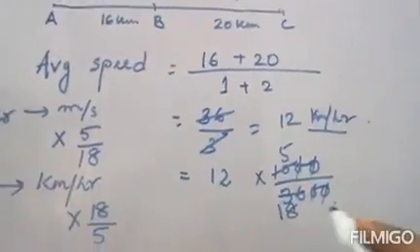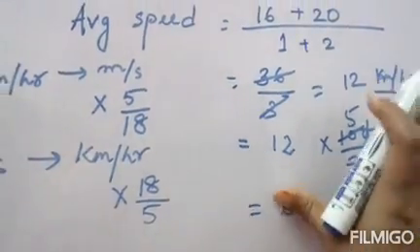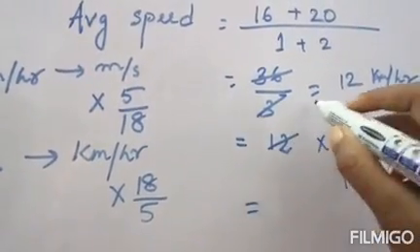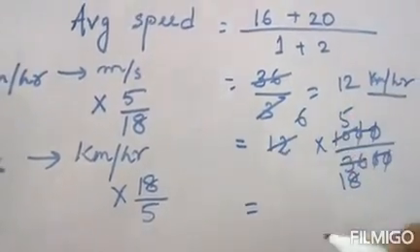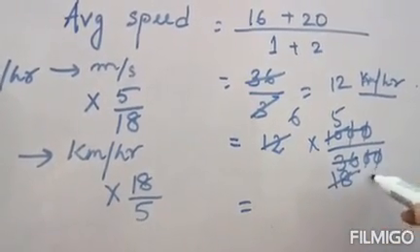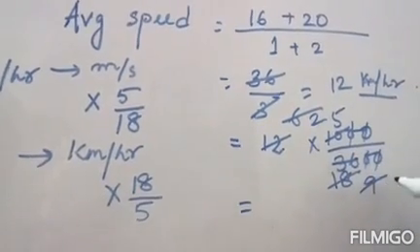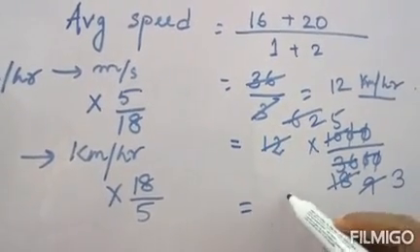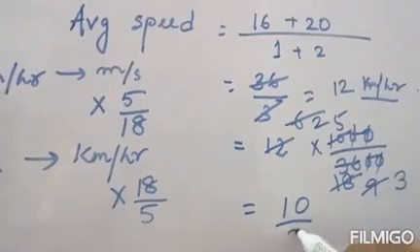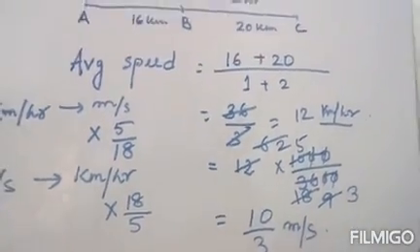So here, how much will it be? 12 into 5 is 60, and 18 can be reduced: 6, 9, 2, 3. So 10 by 3 meter per second. Understood?